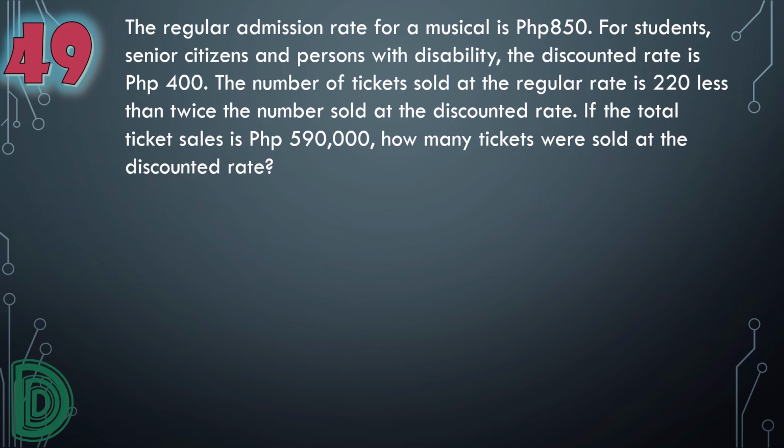So in this problem, we let x be the number of tickets sold at the regular rate, and then y be the number of tickets sold at the discounted rate. So from the statements in the problem, the number of tickets sold at the regular rate is 220 less than twice the number sold at the discounted rate.